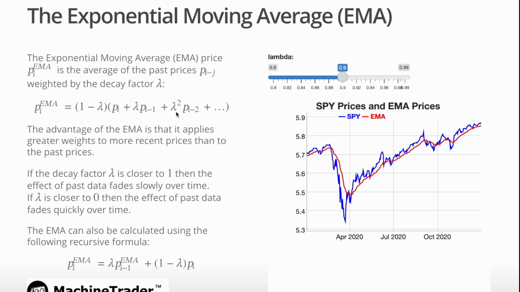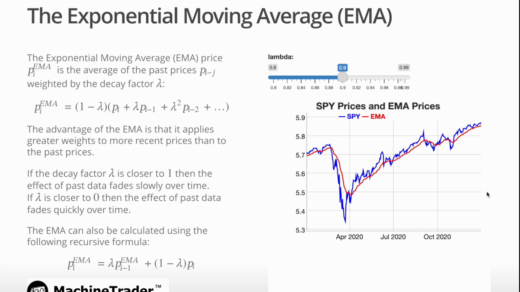And we don't use just a fixed amount of prices from the past. We use all the prices in the past to calculate the EMA. And the EMA can also be calculated using a simple recursive formula, where the current EMA is equal to the past EMA times lambda plus 1 minus lambda times today's price.